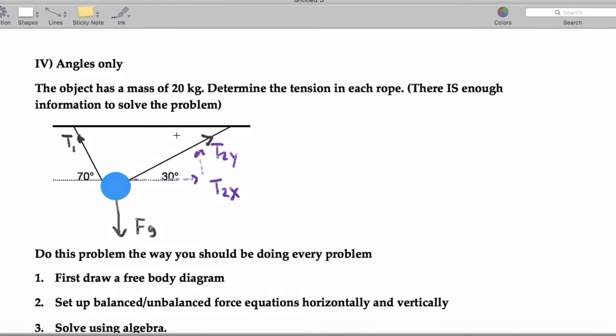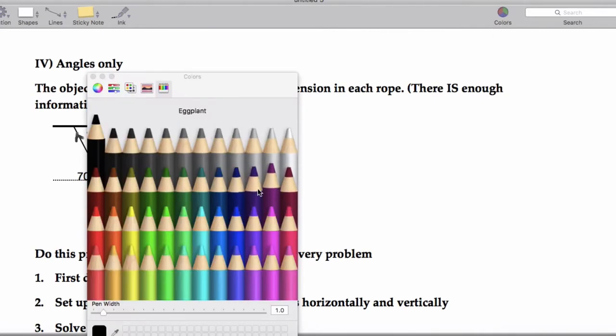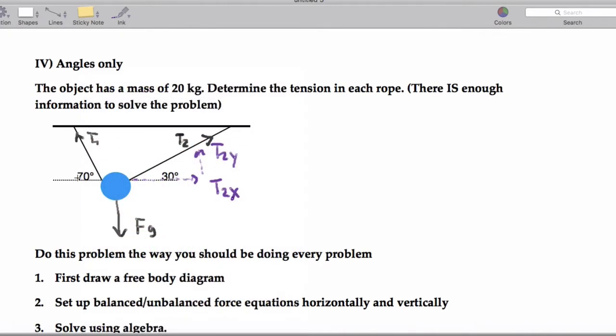This will be T2. And then for T1, let me also carefully label that again. Here's T1, and we're going to label its components as T1x and T1y using vector components.